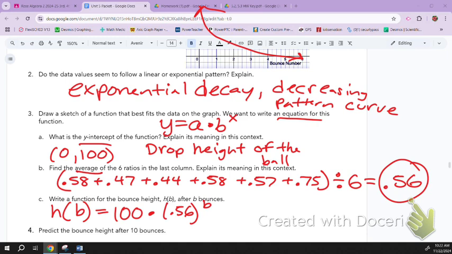Number 4, we're going to use the equation now. Predict the height of the ball after 10 bounces. So where do I put 10 in? For b, yeah, 100 times 0.56 to the power of 10. Let's see, what's your prediction?